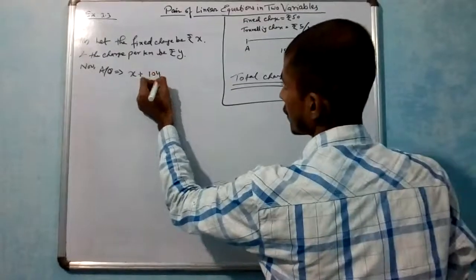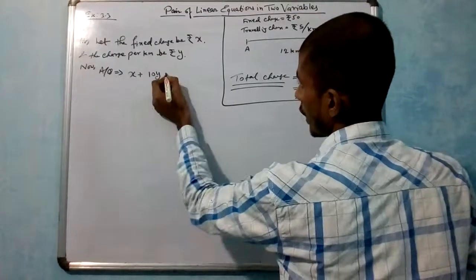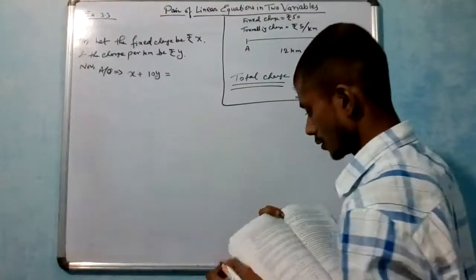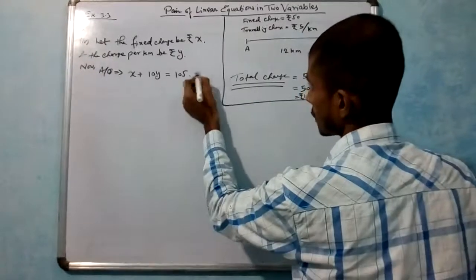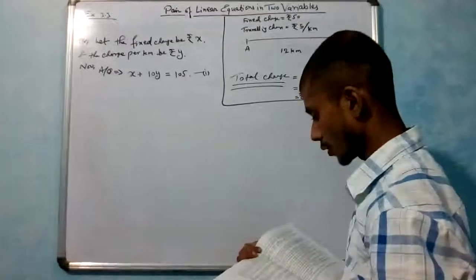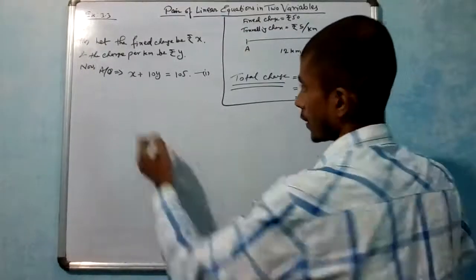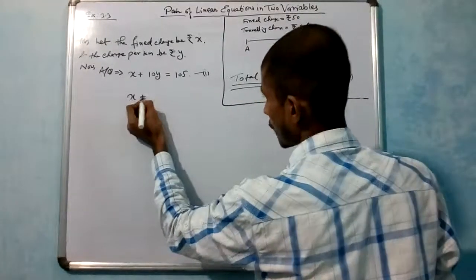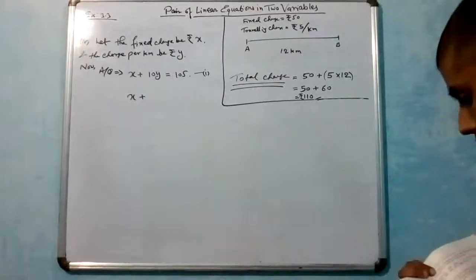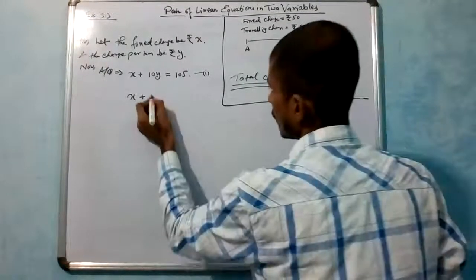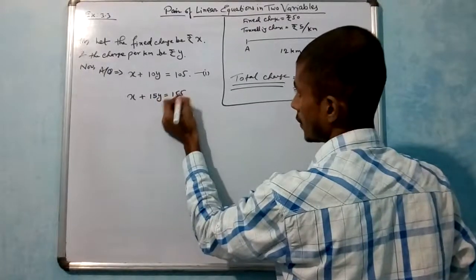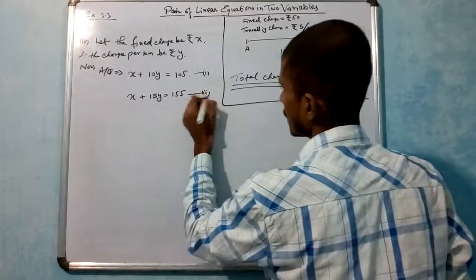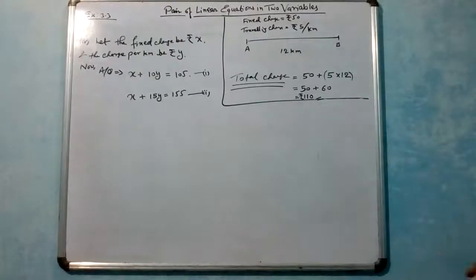So 10Y can I write? X plus 10Y, and this total is giving us how much? In the first case, 105. We got one equation. And the second equation: again, X, that is the fixed charge, plus 15 kilometers means 15Y is equal to 155. The second equation.